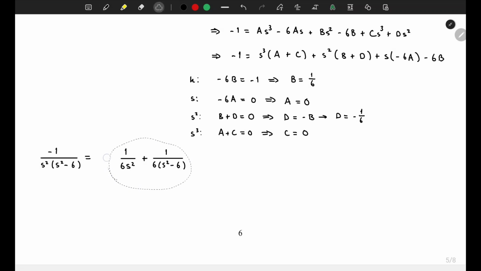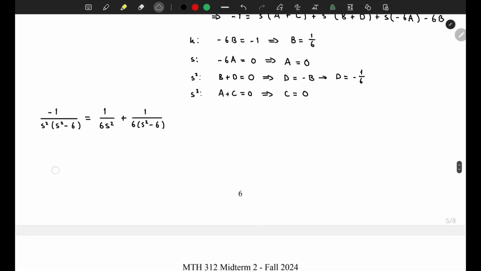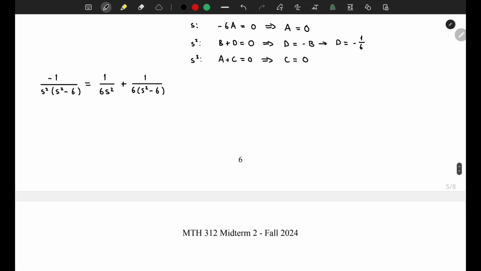There we go. So now let's go ahead and find the Laplace inverse, because remember, this right here is technically our X of s, and we're trying to find the Laplace inverse of it.